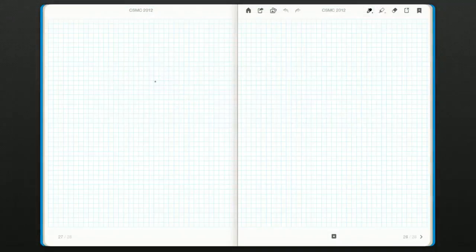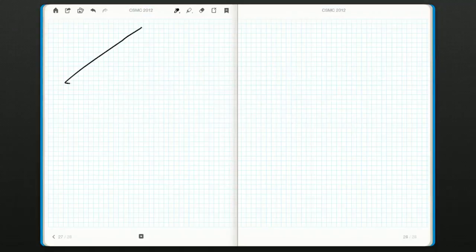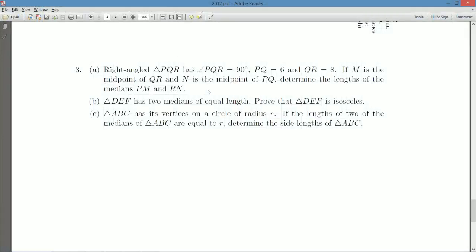So let's draw ourselves a little picture. I want to draw some medians, so I'll make my right angle at the top. So that's Q, we'll say this is P and this is R. And we have M and N as midpoints, midpoints of PQ and QR.